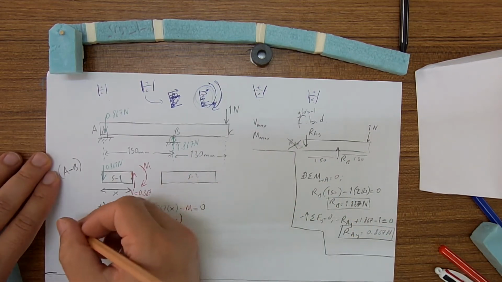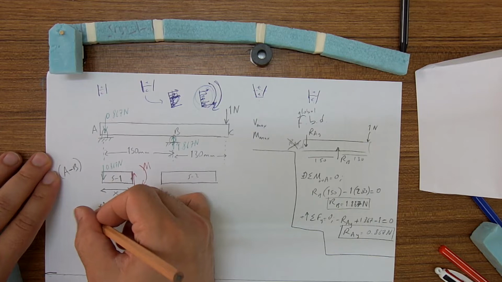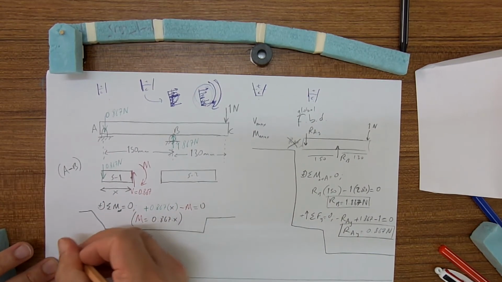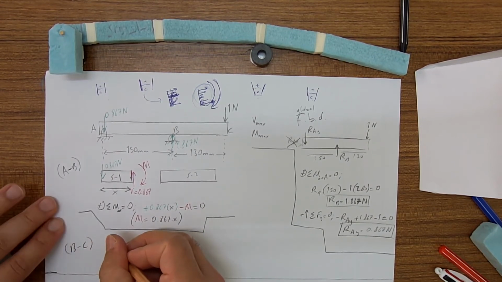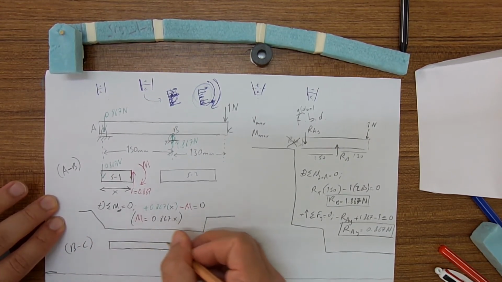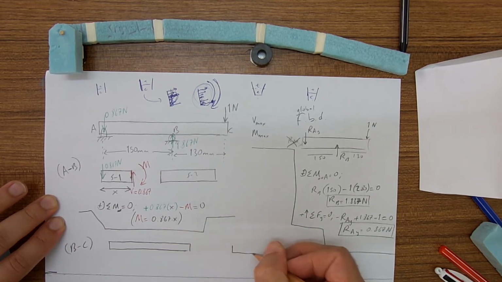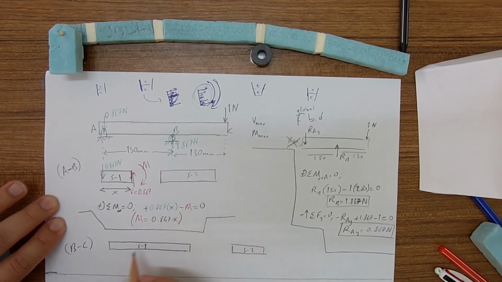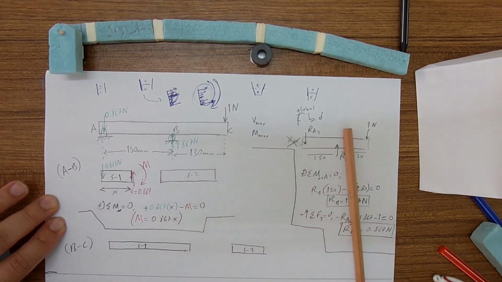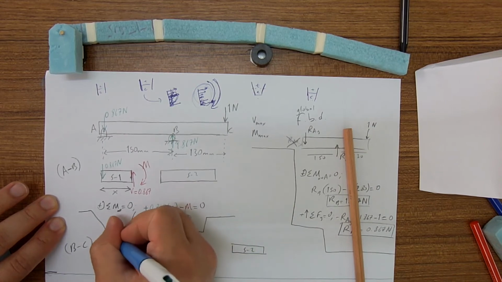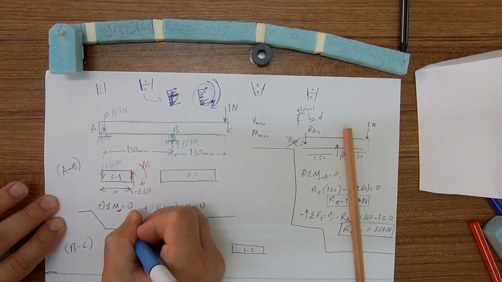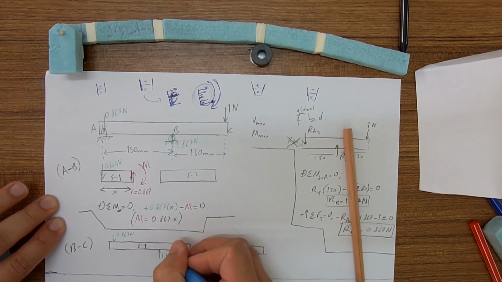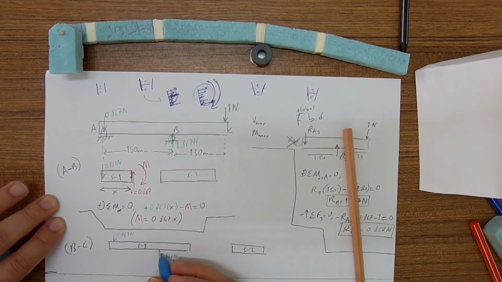This was AB. We do another one for BC. Again, segment 2, segment 1. On segment 1, there is 0.867 Newton, there is 1.867 Newton from roller support.